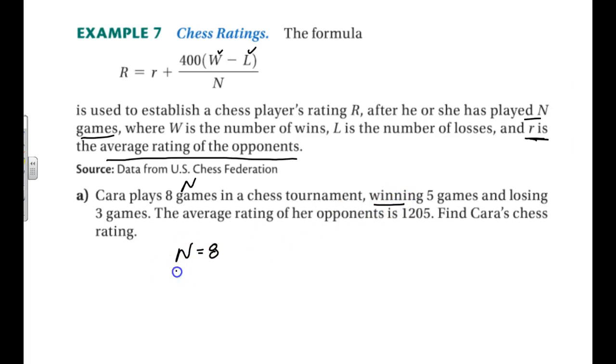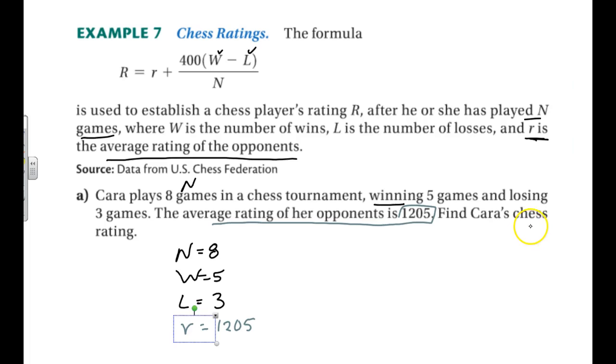They win 5, they lose 3. Okay, and here's something, the average rating of the opponent. So that must be small r. The average rating, don't know what that is, but it says find the chess rating.